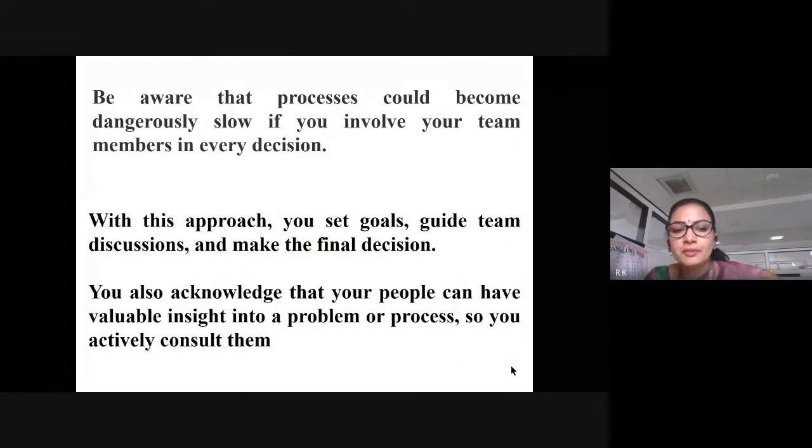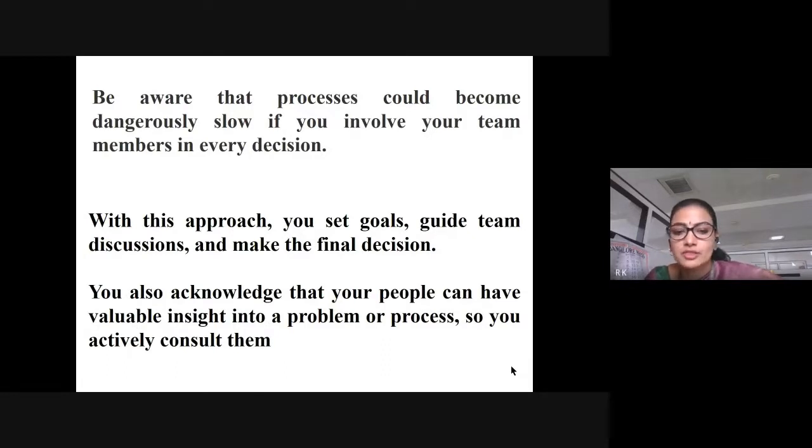For them, the tip would be this approach: you can set the goal and guide your team with further discussion, but you also need to acknowledge that your people can have valuable insight. When you give importance to the people, decision making would be delayed. So you have to think through what is the best style to adopt in certain situations.